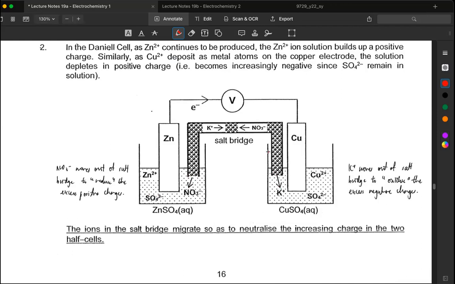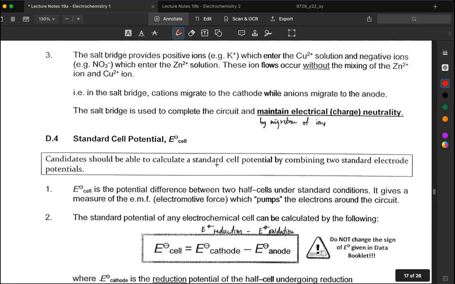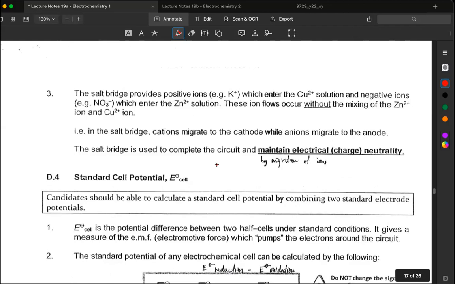You get what I mean? But you still have the mobile charge carriers there. So it will still continue the flow of charges, but it will be different charges. You get what I mean? You don't mix the charges on both sides, but still allow movement of ions, but different ions. Okay.